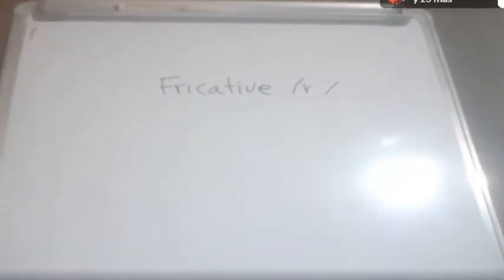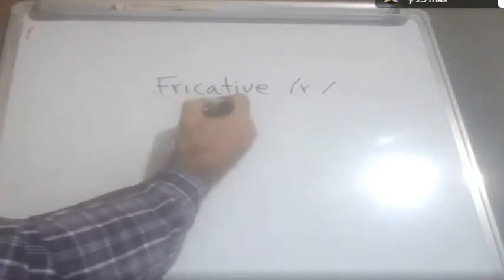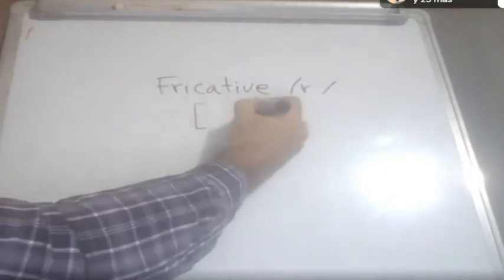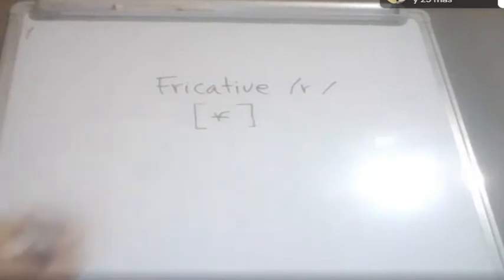You know what fricative is, right? Fricative is basically a sound that comes out with a certain degree of friction. Well, the R can come out with some degree of friction based on the previous sound. So the symbol to represent the fricative is this, the R with the line in the middle.